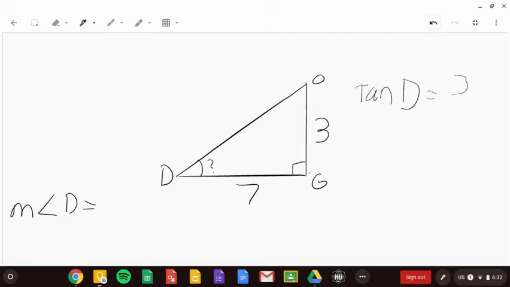So the tangent of angle D equals 3 over 7. Now, this is tough because you can't just divide by tan, because it's actually an entire function. It's sine and cosine, so you can't just divide by them. But what you can do is apply tan to the negative first power, and that'll cancel out the tangent.